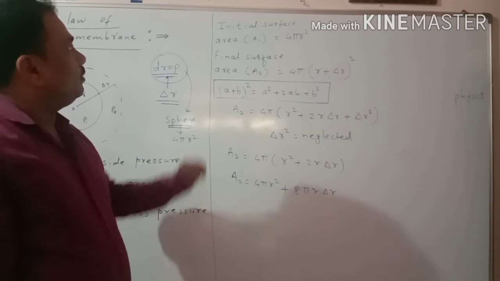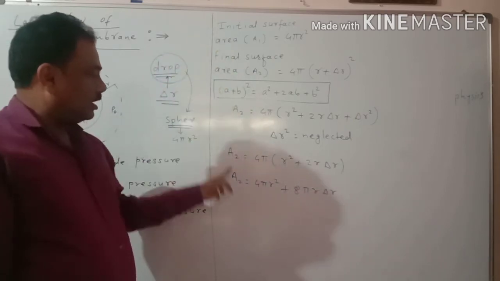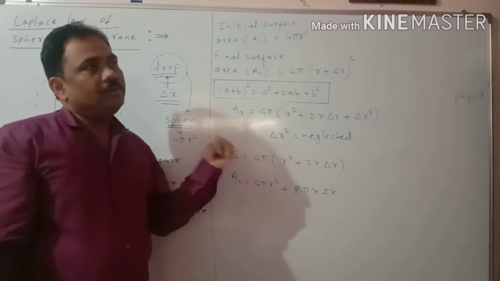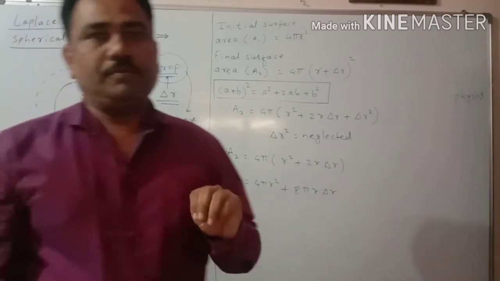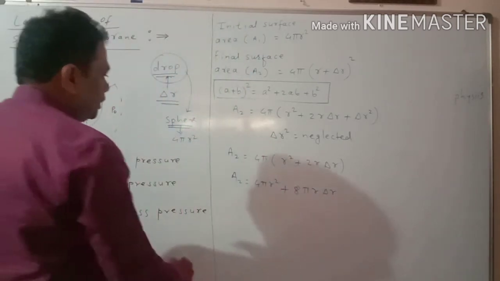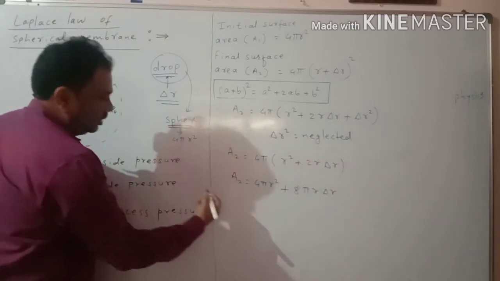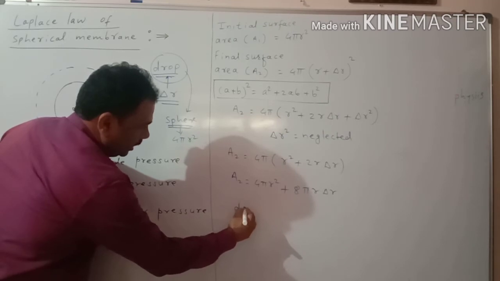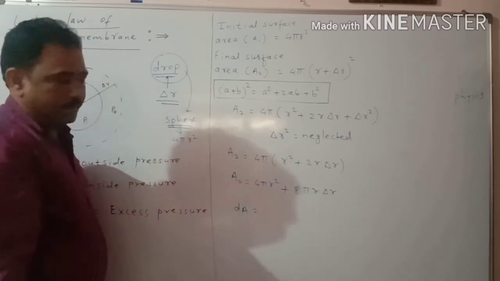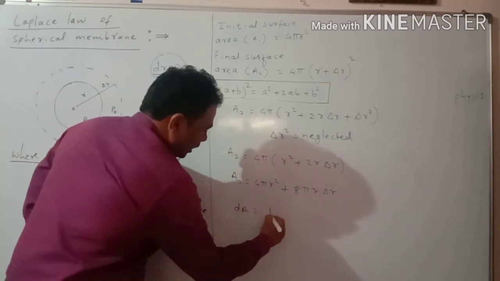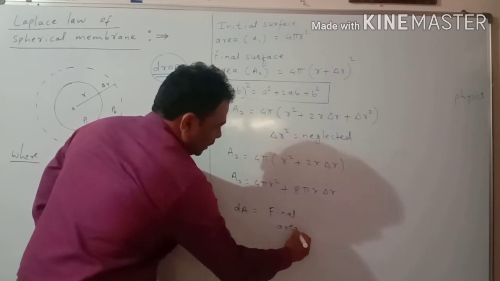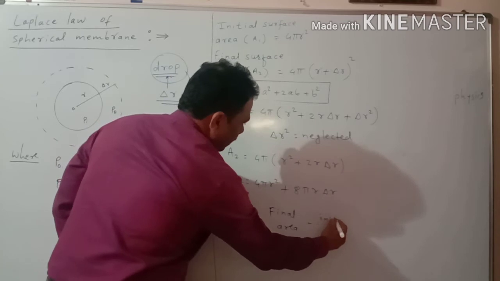Now we have the initial surface area as well as the final surface area. So what will be the change in surface area of the liquid drop? The change in area, which we indicate by dA, will be the final area minus the initial area.